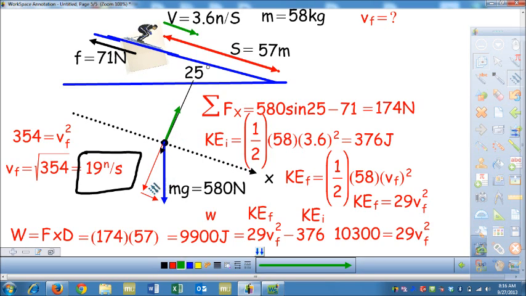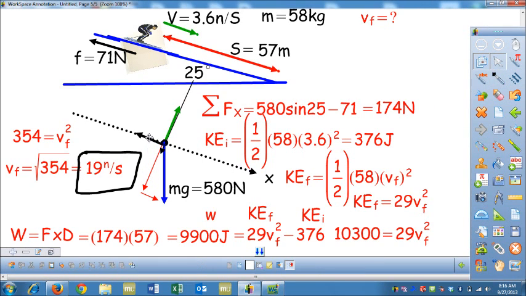You've got the mg cosine theta going there. And then, of course, we also have that friction force going backwards if you want to have a true free body diagram of everything that's going on. But the friction force is apparently smaller than the x component of the gravity, of the weight. Otherwise, the skier wouldn't be moving downhill and actually accelerating downhill, right?